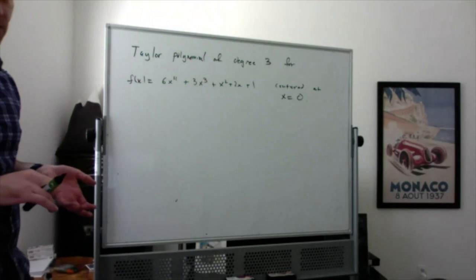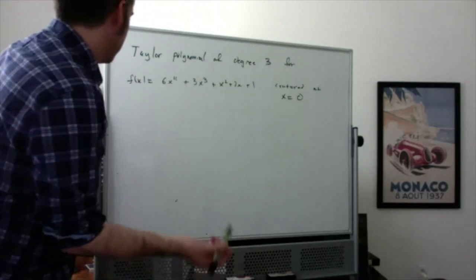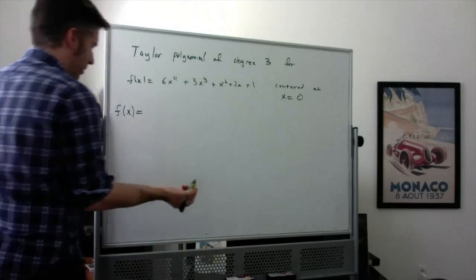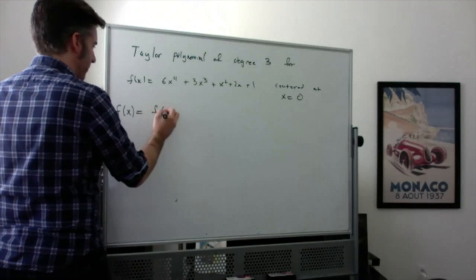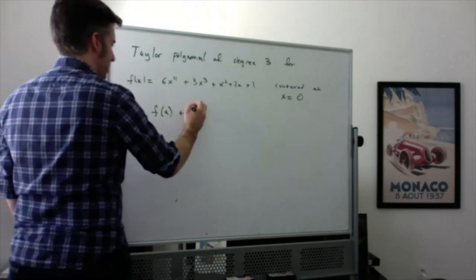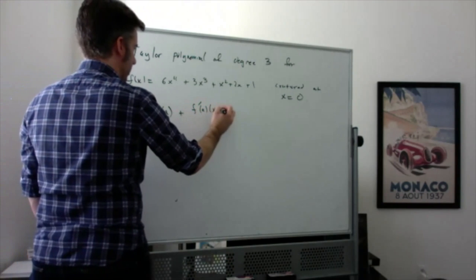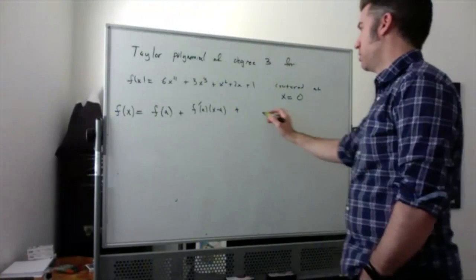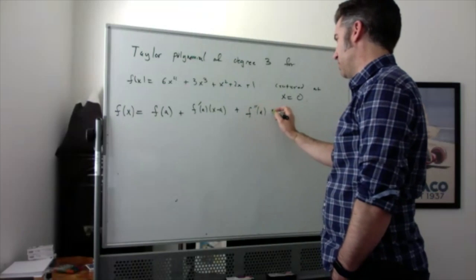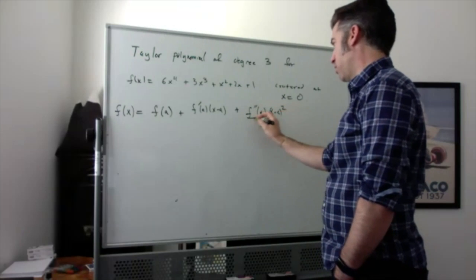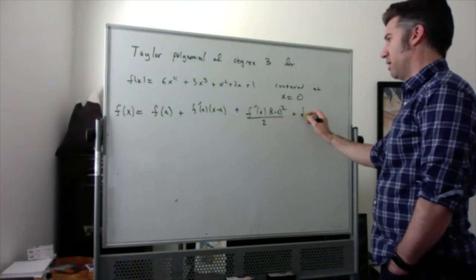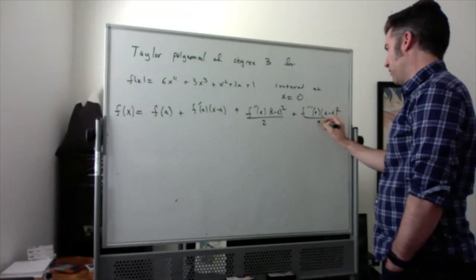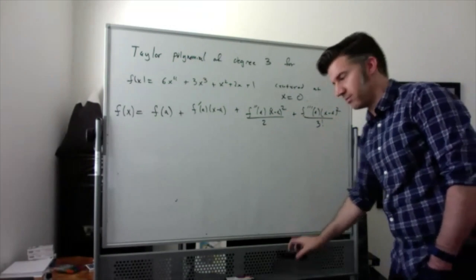All right, this is probably just the formula you want to memorize. Here's how it works. So the Taylor polynomial for a function f of x is the following. It's equal to f of a plus f prime of a times x minus a plus f double prime of a times x minus a squared over 2 plus f triple prime of a times x minus a cubed over 3 factorial, which is 6.